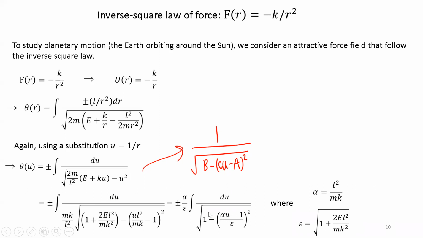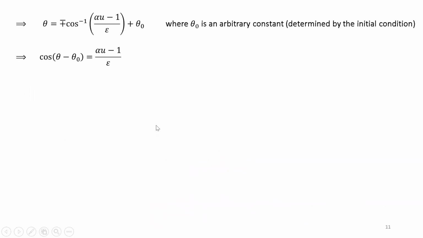And you can see that I'm making some new variables here. This alpha is denoting L squared divided by mk, and this epsilon is this one. It might take a bit of time, but just complete the square, try by yourself.